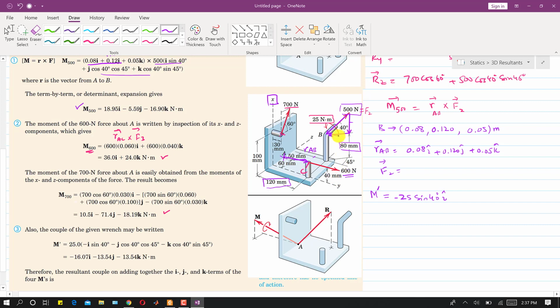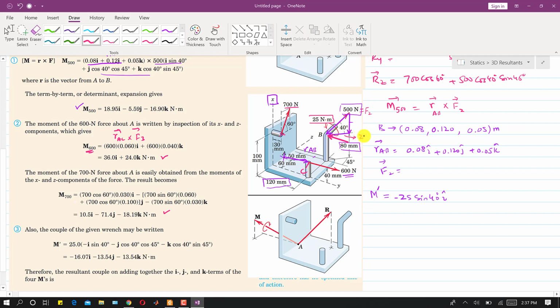If we resolve this YZ component into its two components, one will be parallel to the y-axis, with a magnitude of 25 cos of 40 degrees.